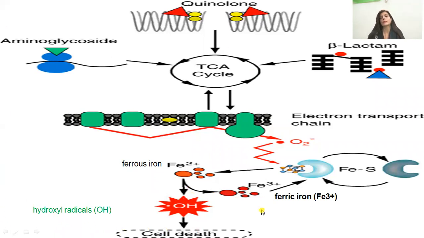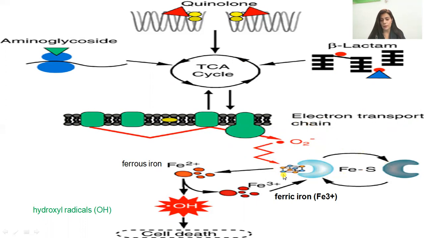Now, coming towards this diagram again, it is saying that we have fluoroquinolone, and this is triggering the TCA cycle, the tricarboxylic acid cycle. In conclusion, you can summarize that these drugs are hyperactivating the electron transport chain. As a result, there is formation of free radicals, and these free radicals will destroy the iron sulfur cluster.